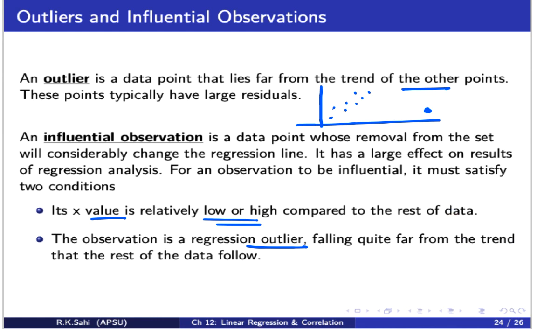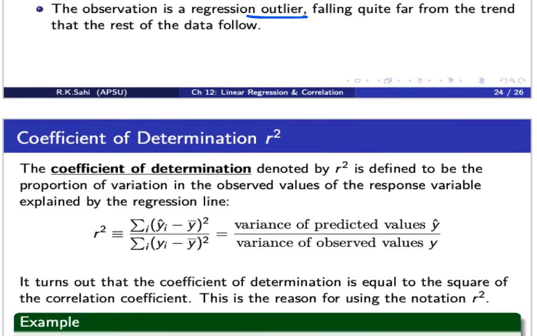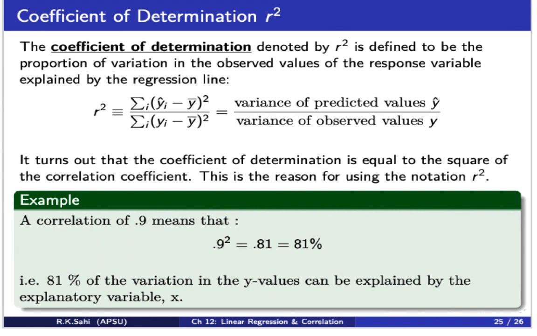Okay, so let's come back to coefficient of determination. I remember we talked about how good that regression line is. That means we're going to talk about the coefficient of determination. What it simply means is the proportion of the variation in the observed values of the response variable that is explained by the regression line. It basically is R squared, okay? As this has a deeper relationship with the correlation coefficient, that's why we denote the coefficient of determination by R squared, and we are not going to apply this nice little formula.